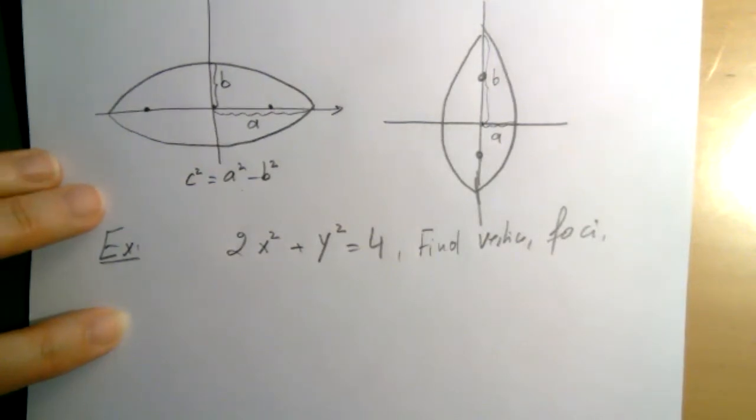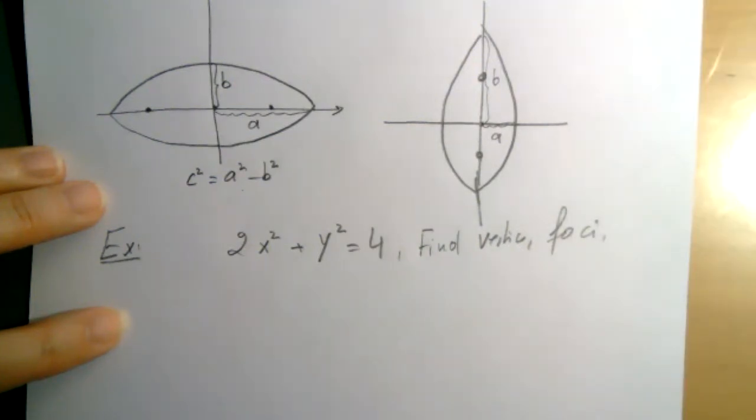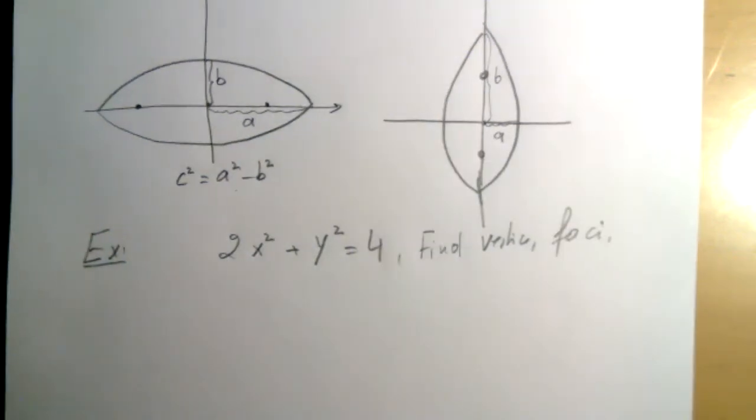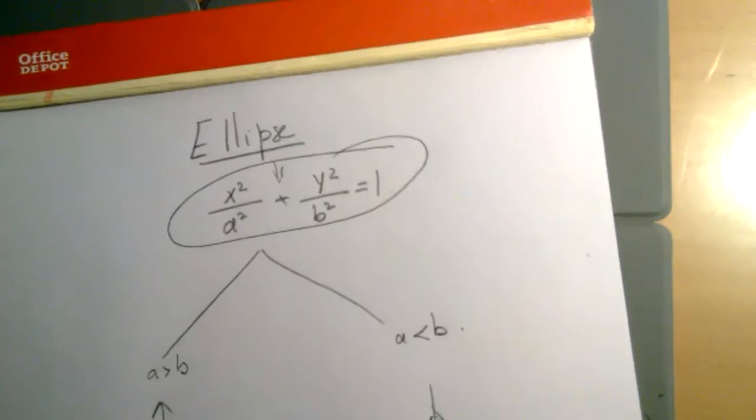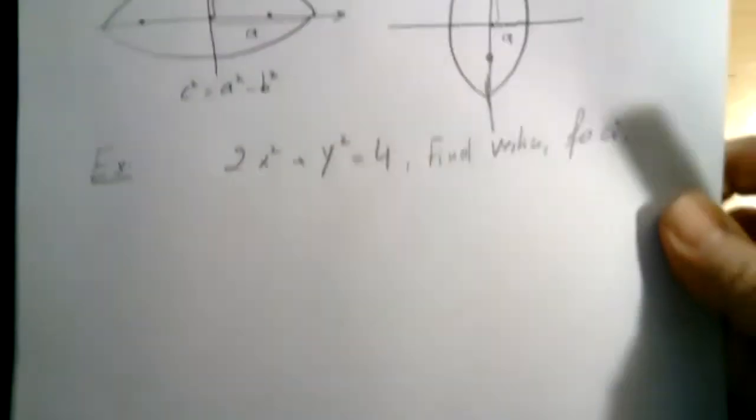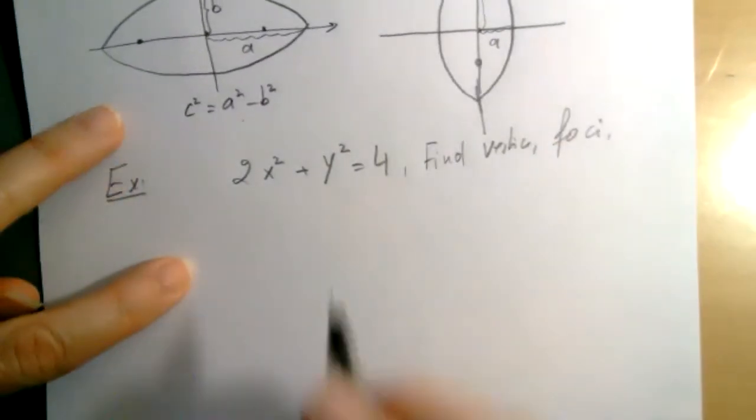Now, the first thing we do is what? When we have this equation, what do you think I should do? It doesn't quite look like the equation. We have to put it in the standard format. So step number 1, put it in standard format.